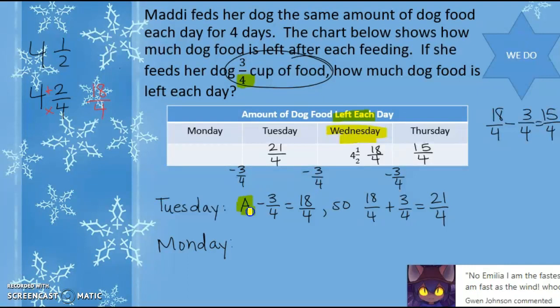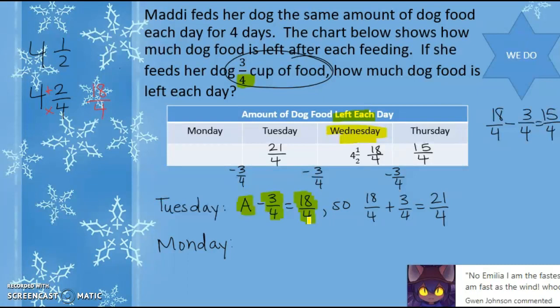I know that there's an amount for Tuesday that if I subtract the 3/4 cup the dog ate, then it's going to equal what she has left on Wednesday, which is 18/4. So I know that there's an amount that if I subtract 3/4, it should equal 18/4.